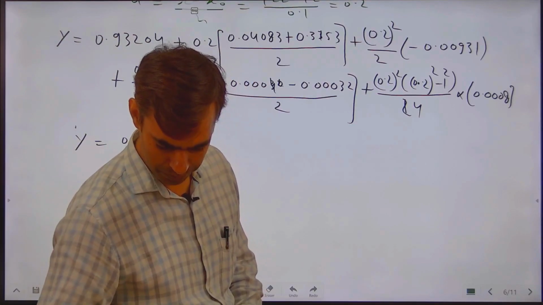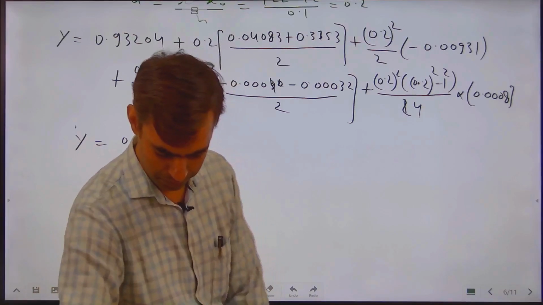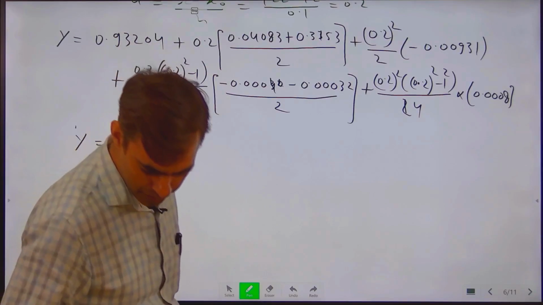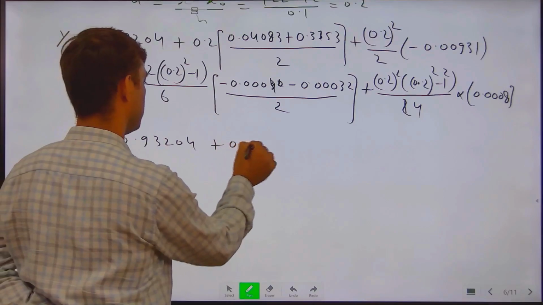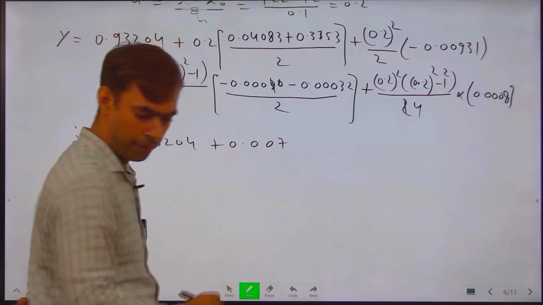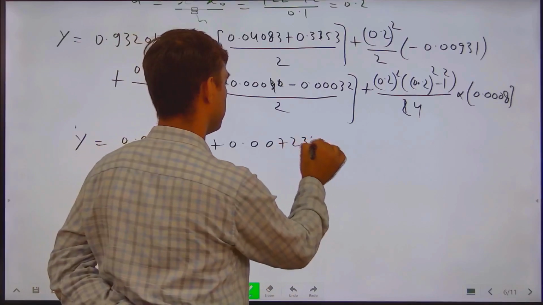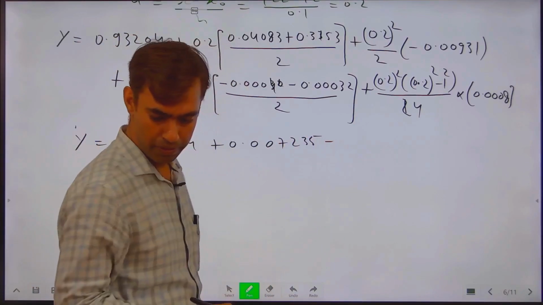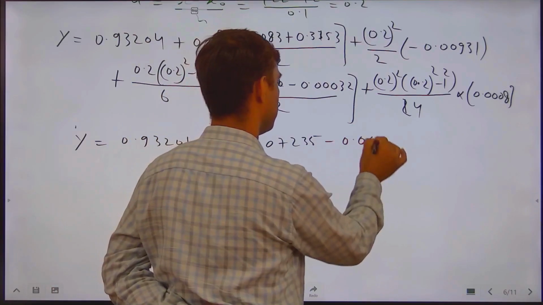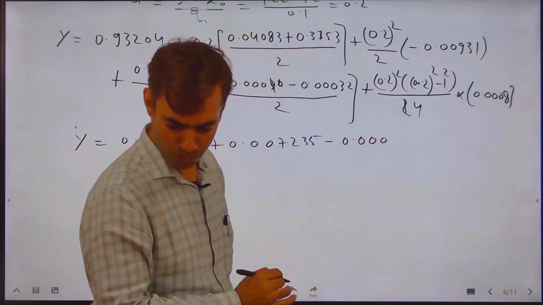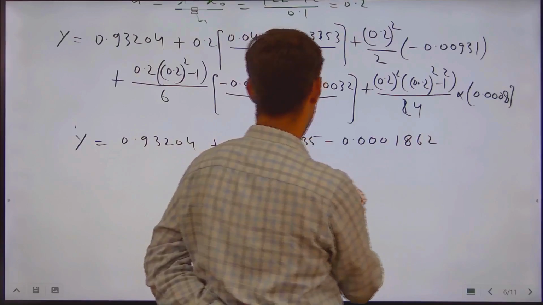Result is 0.00 plus 0.007 7235 minus 0.000 1862.